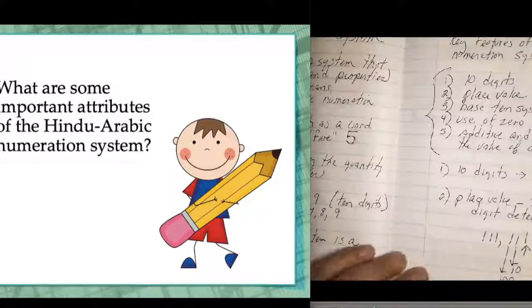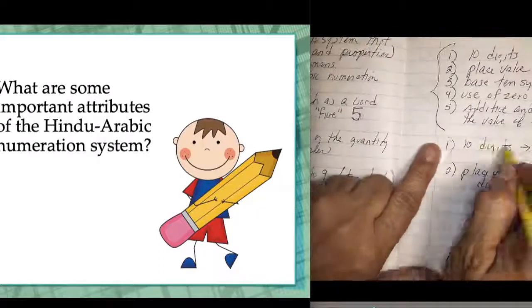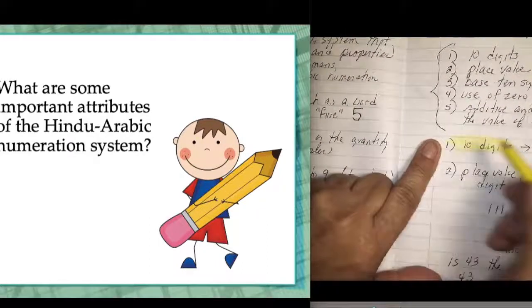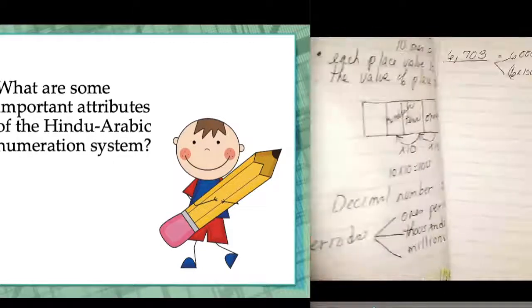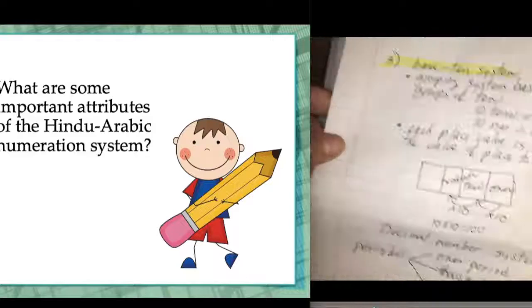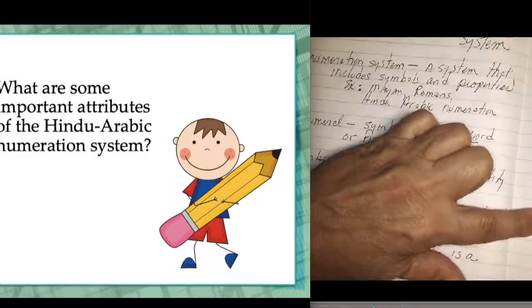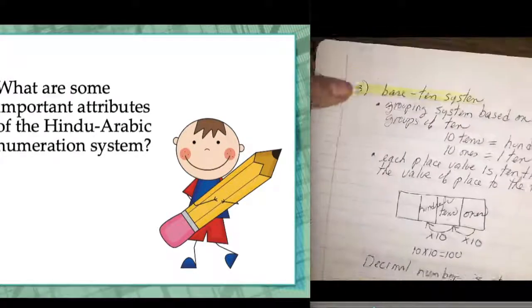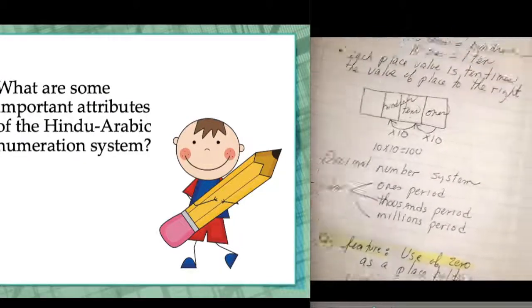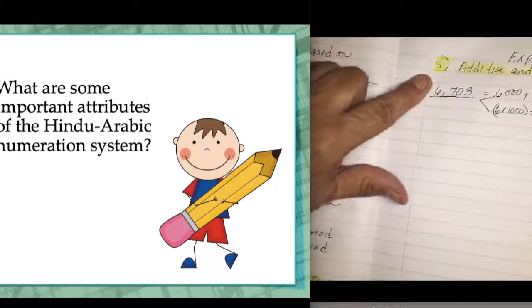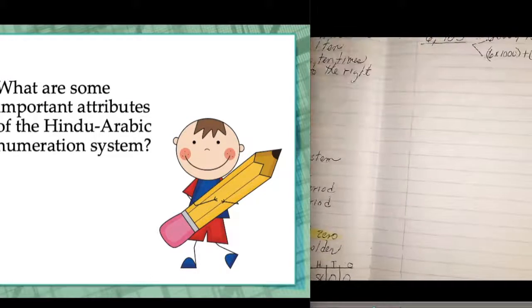Then in our previous page, we had the use of 10 digits, place value. So 1, 2, 3. I write real big, so you probably wrote smaller. That's okay. Up to number 5. There we go. So the 5 properties, 5 key features of the Hindu-Arabic numeration system.